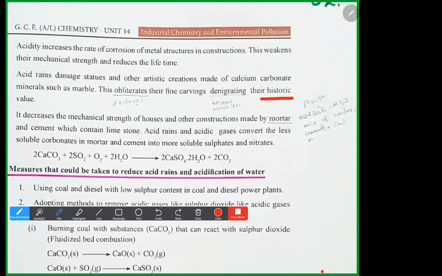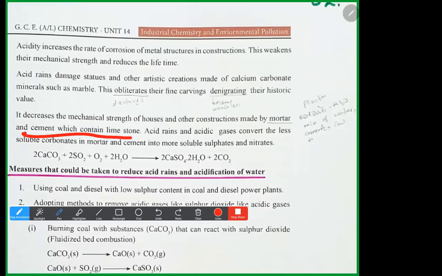Denigrating the historic value. It decreases the mechanical strength of houses and other constructions made with mortar and cement, which contain limestone. Mortar means the outer paste of this cement.